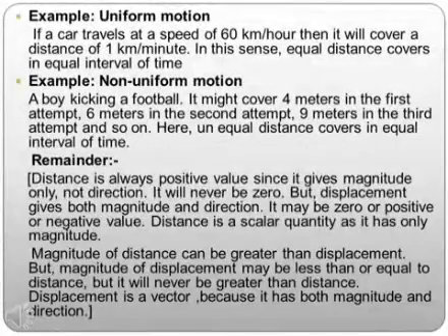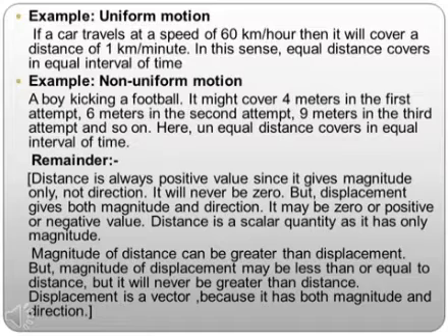An example of uniform motion is if a car travels at a speed of 60 km per hour, then it will cover a distance of 1 km in equal intervals of time, which is 1 minute each. In this case, equal distances are covered by the car in equal intervals of time, so it is in uniform motion.